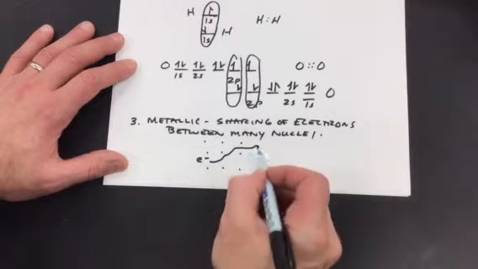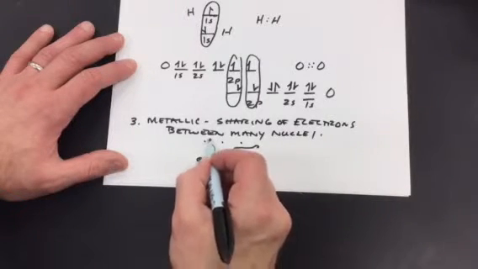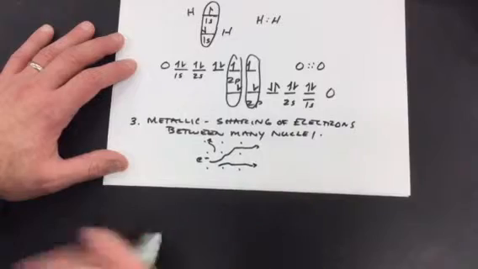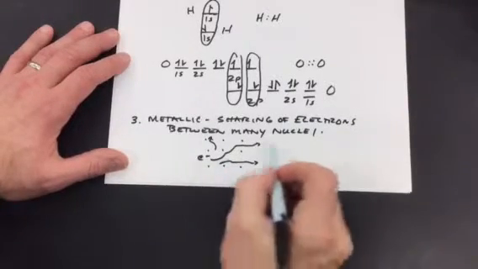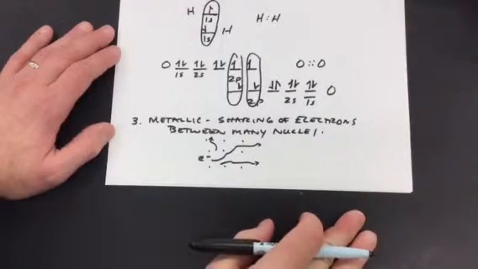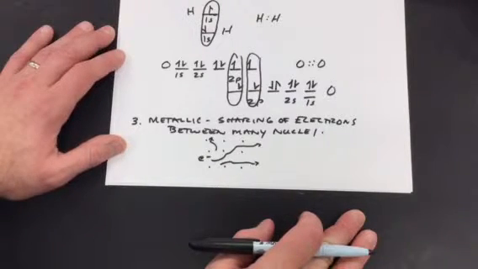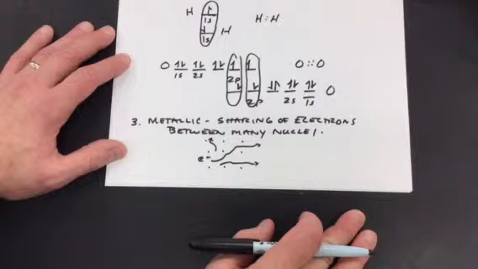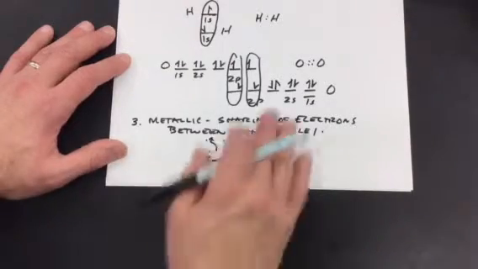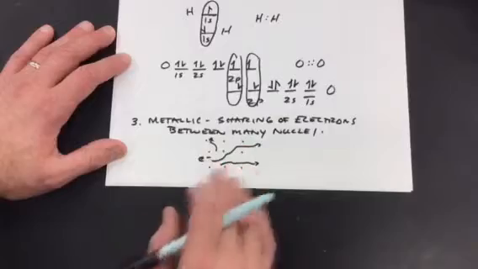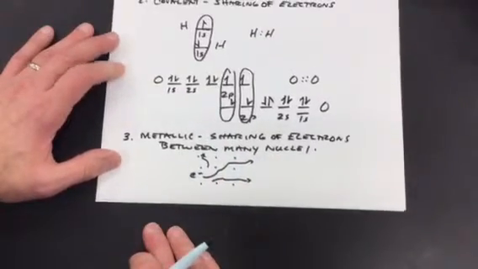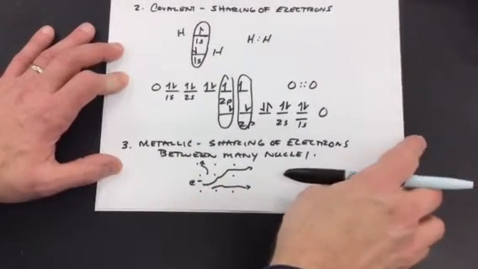So they can kind of go along like so, they can change path. What we see then is that because we have mobile electrons, it explains things like electrical conductivity, it explains things like heat conductivity. It explains a lot of their character that we would ordinarily not see in an ionic or a covalent structure. So we won't address the electron motions within metallic. It's far too advanced for where we need to be in the course.